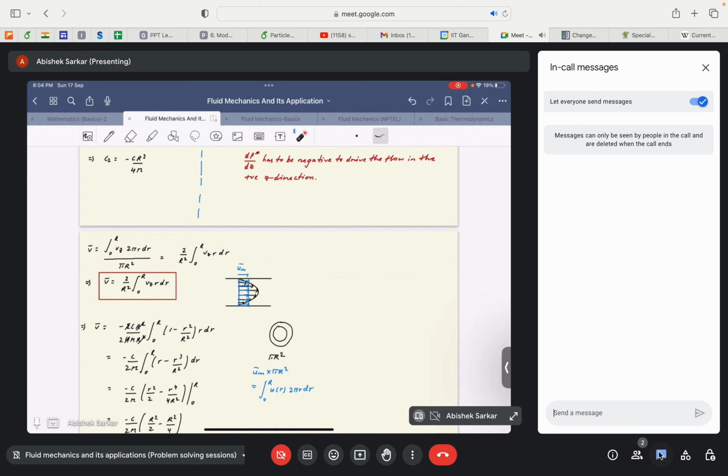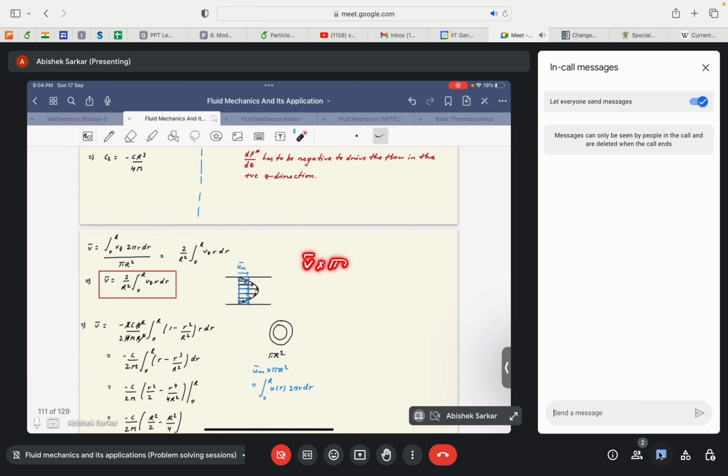We take a velocity, as in the case of an inviscid flow field, that would have sustained the same volume flow rate through this cross section, and take that constant value as v bar, the average velocity. So v bar times pi R squared, where R is the radius of the pipe, would be equal to the integration, let me just write it.